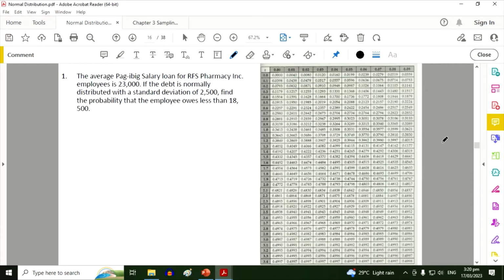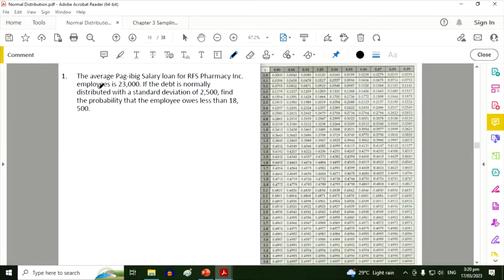So problem number 1. The average Pag-ibig salary loan for RFS Pharmacy Incorporated employees is 23,000. If the debt is normally distributed with a standard deviation of 2,500, find the probability that the employee owes less than 18,500.